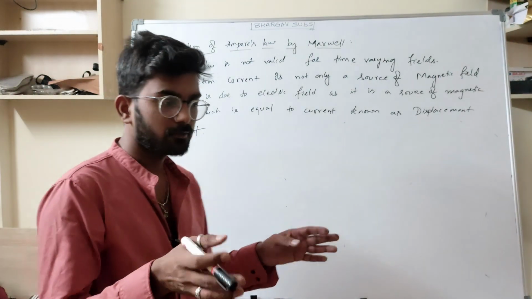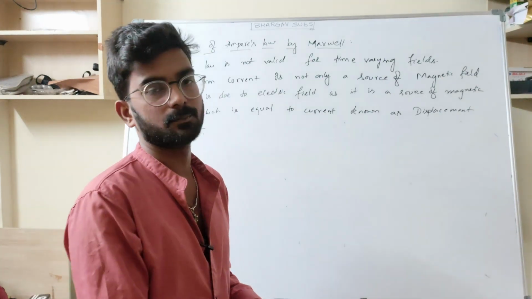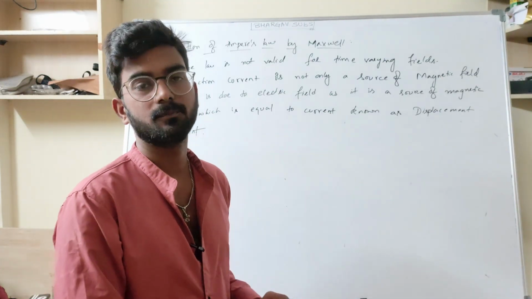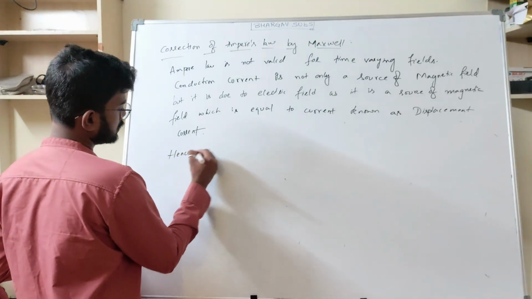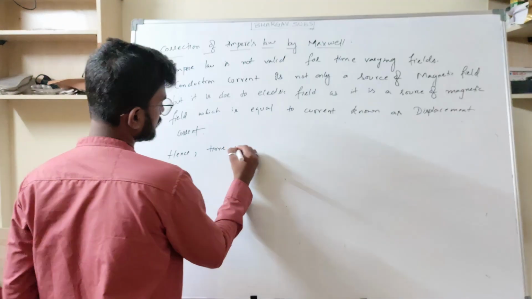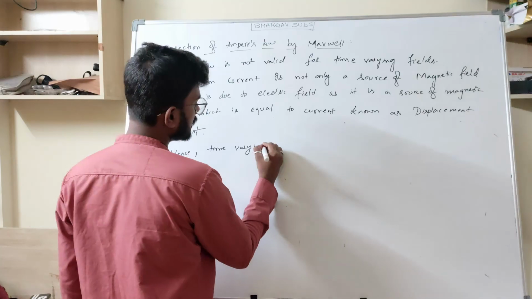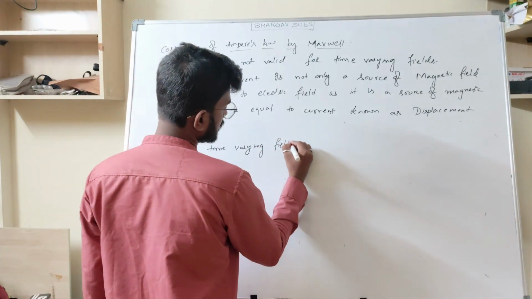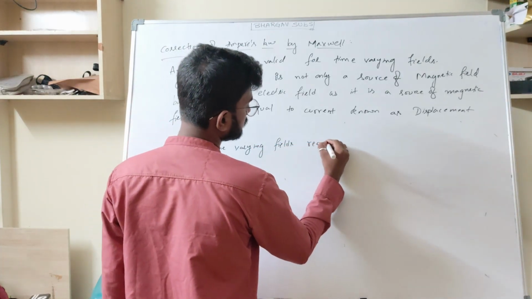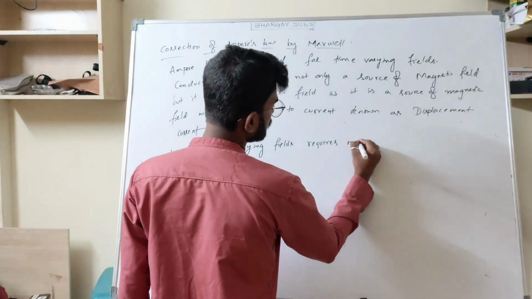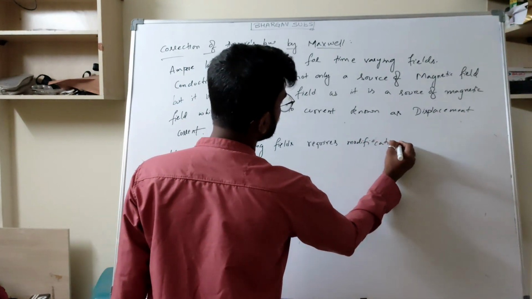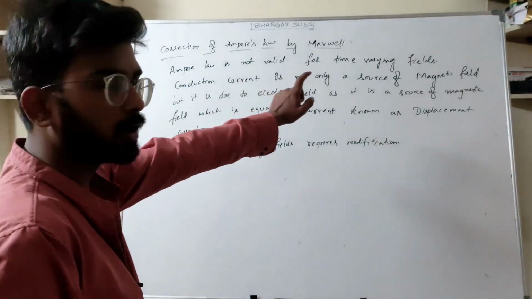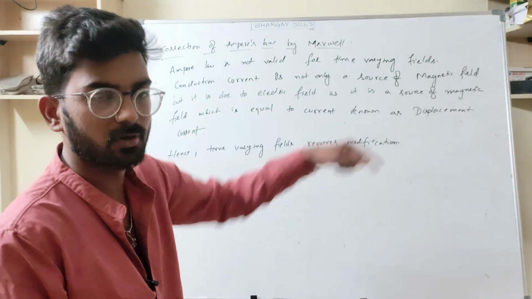Hence for the field which was varying with time, there is a modification required. Time varying fields require modification.